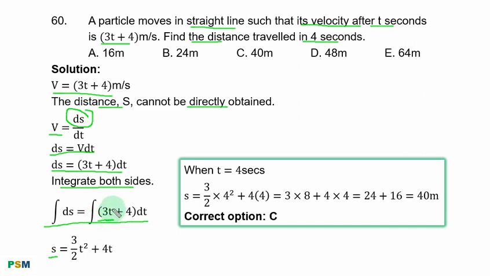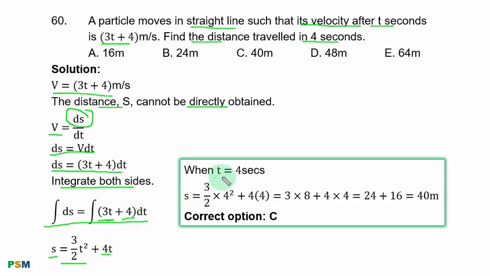You add 1 to it, it becomes 2, over the sum of the powers, you have this result. When you integrate a constant, it attracts the variable you are working with, which is t. So if you integrate 4, you have 4t.